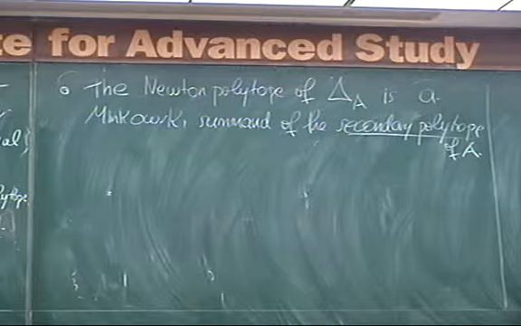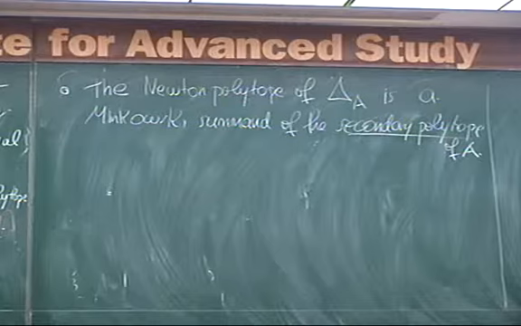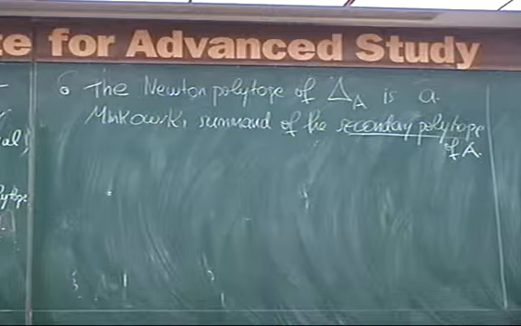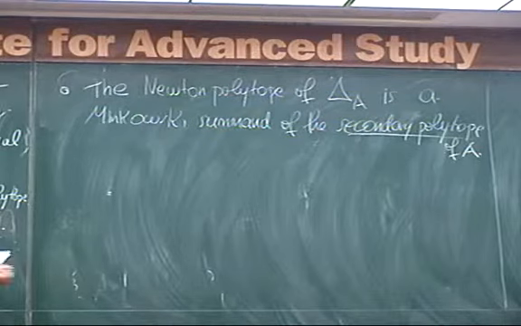They said, we would really like to have the Newton Polytope. We can't quite get it. We're going to get something bigger called the secondary polytope, and then we have a Minkowski summand relation. So in terms of normal fans, the normal fan of the secondary polytope refines the normal fan of the discriminant. That's the second key insight.